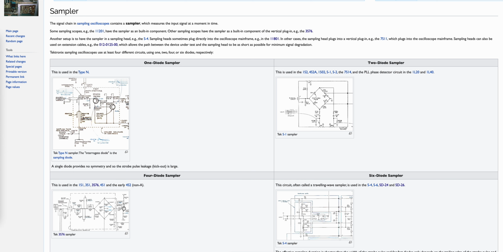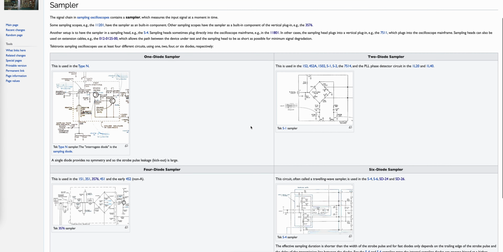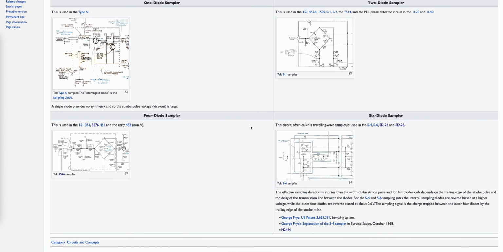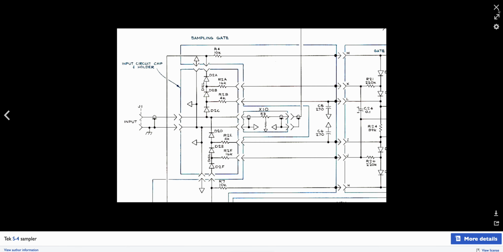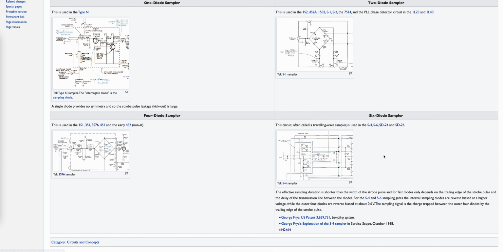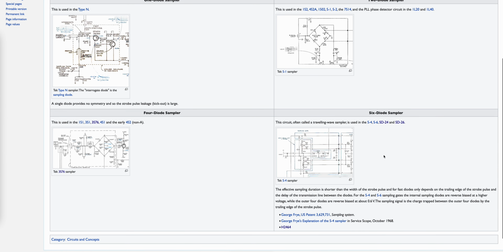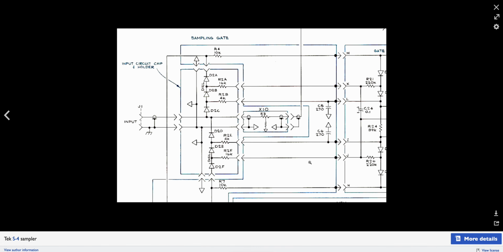There is interesting information online regarding how over the years Tektronix has been changing the technology of the sampling head with different configurations. And here we begin to see what they call the traveling wave sampler, and we can see that we have 6 diodes.